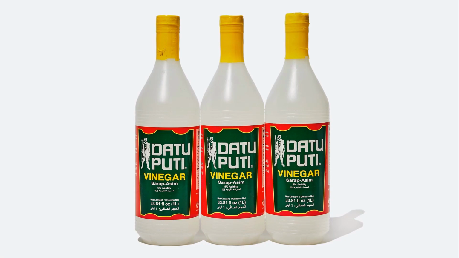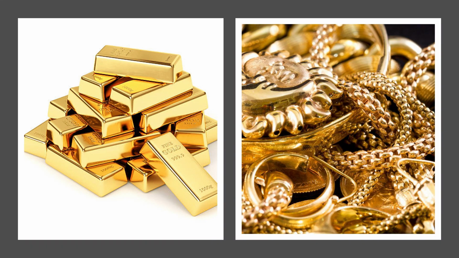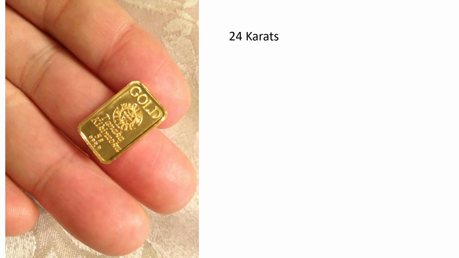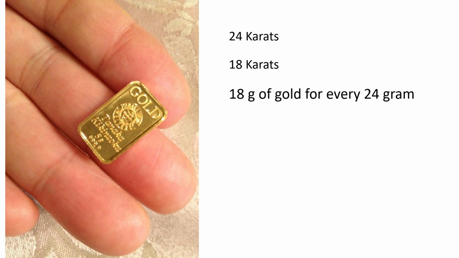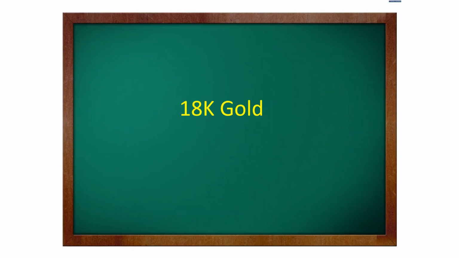Vinegar is often labeled as 5% acidity, which means it contains 5 grams of acetic acid in 100 grams of vinegar. Pure gold is referred to as 24 carats. Jewelry that is said to be 18 carats contains 18 grams of gold for every 24 grams. And the remaining 6 grams contains other metals.